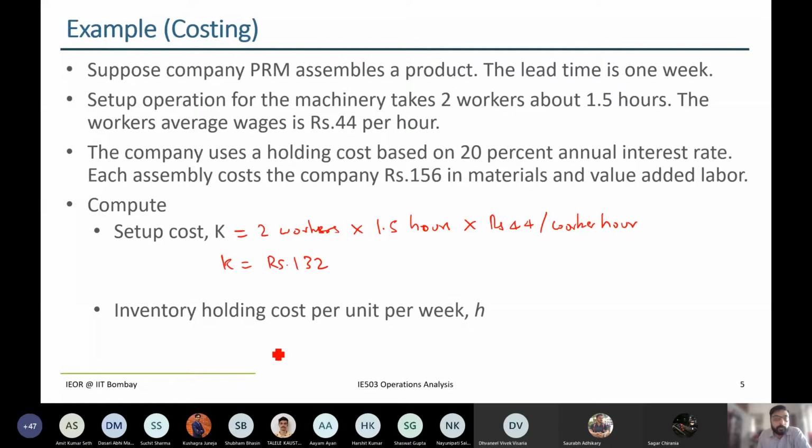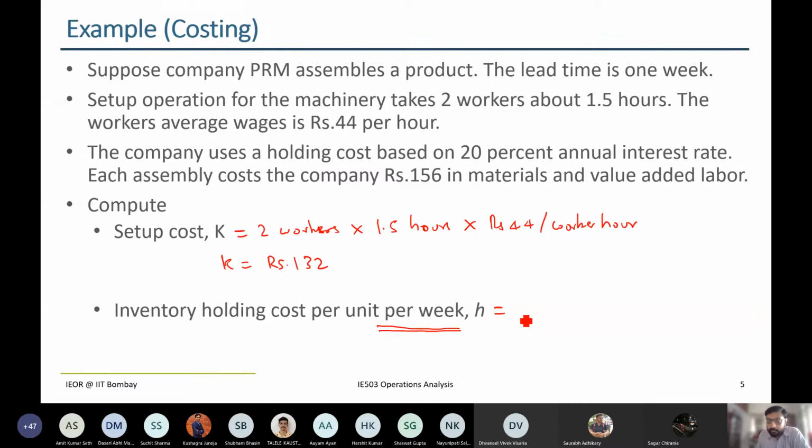Now, the inventory holding cost per unit per week is what is being asked. We are used to looking at inventory holding cost per unit per annum, so we're slightly deviating from that. We are looking at inventory holding cost per unit per week, which is H, given as 20% annual interest rate, and the assembly costs the company rupees 156.